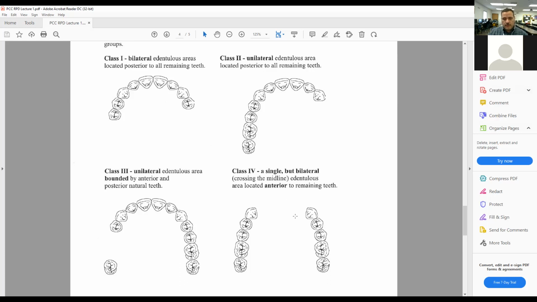Class 4 is when you have missing teeth around the anterior line, the midline. Okay. So class 1, when we have bilateral posterior missing teeth. Class 2, we have unilateral, one area missing teeth on the back side. Class 3, when we have teeth on both sides of the missing or edentulous area. And this is class 4. Class 4 is a midline.